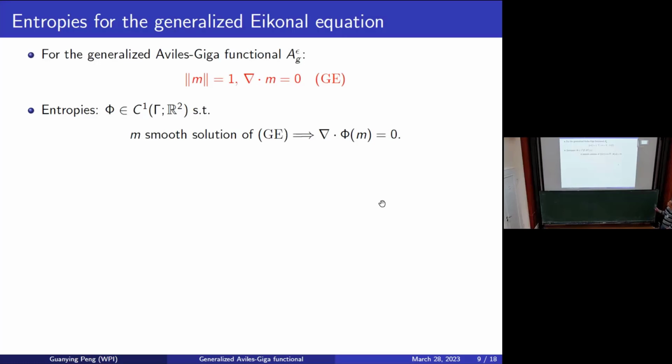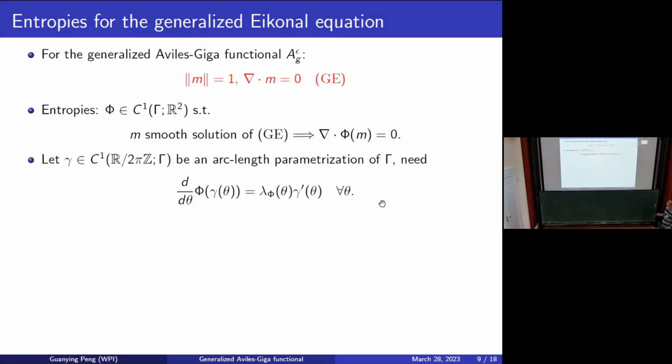So then in order to make this condition more explicit, we can introduce an arc length parameterization of the unit circle of this norm. Here we're assuming implicitly that the length of this curve capital gamma is 2 pi. It's without loss of generality because otherwise we can always do a rescaling. After having this arc length parameterization, direct calculations can translate this condition into the following equation.